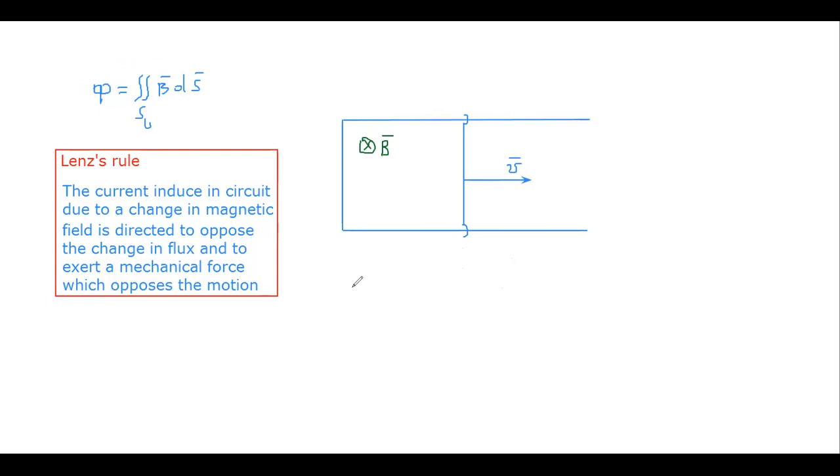So it means that electric current according to the Lenz rule should be directed to oppose the change in magnetic flux. Magnetic flux increases.